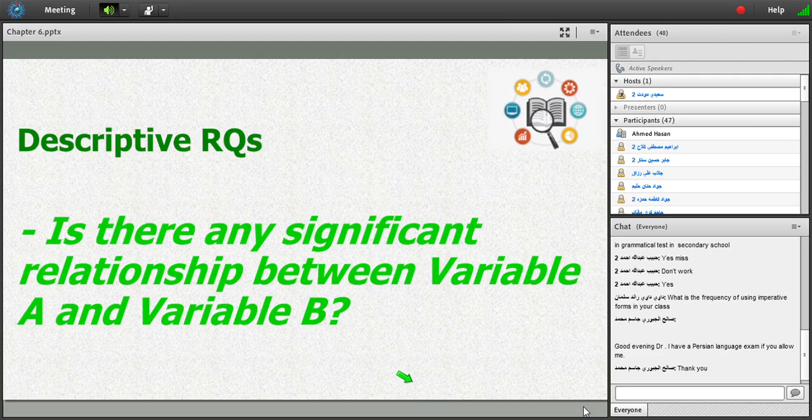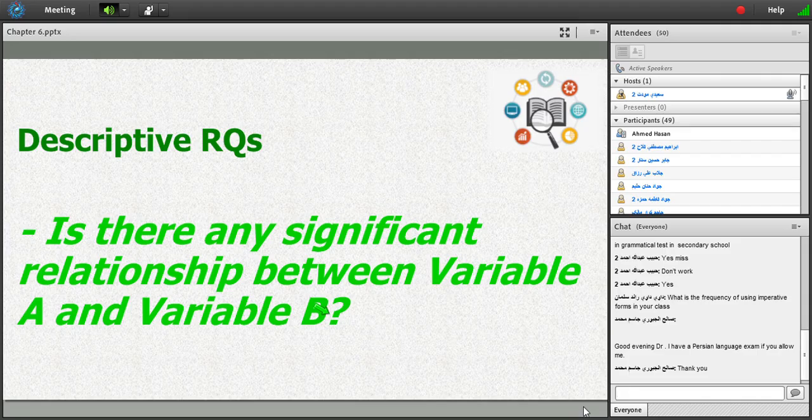All these variables, A and B, are independent variables. We check their relationship. The variables in this descriptive research question type are independent ones, okay? Because nothing is going to influence anything else. So they are independent variables.